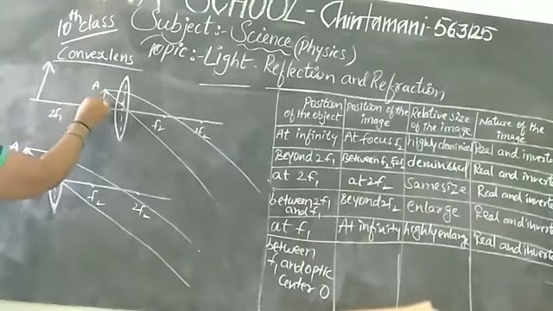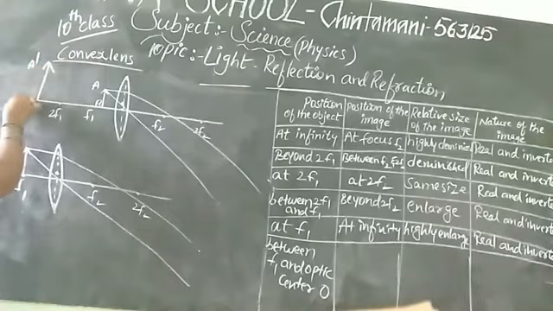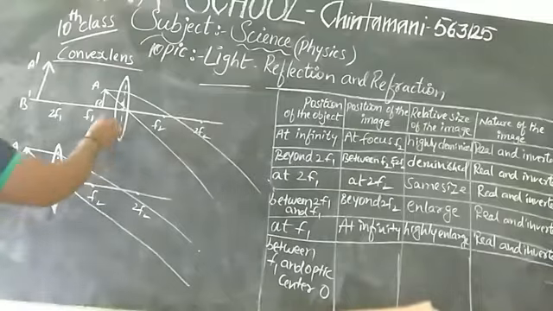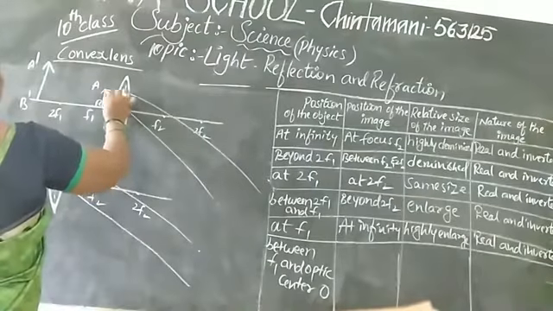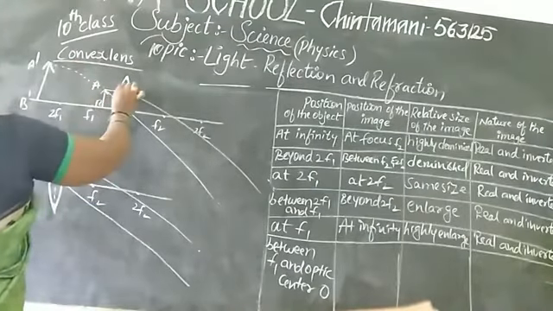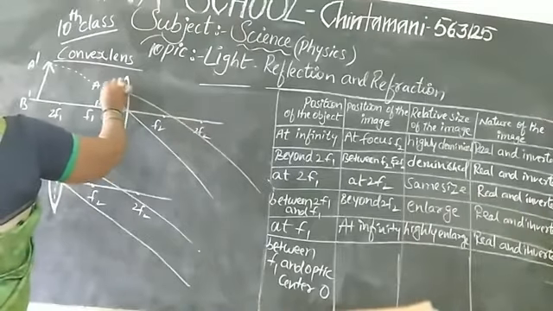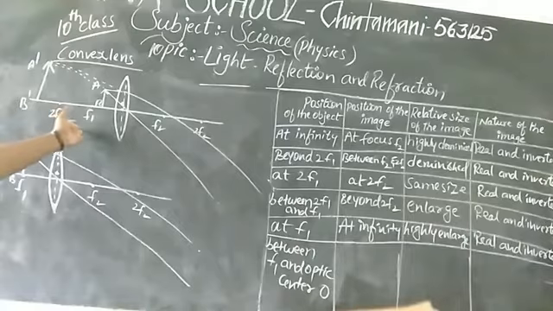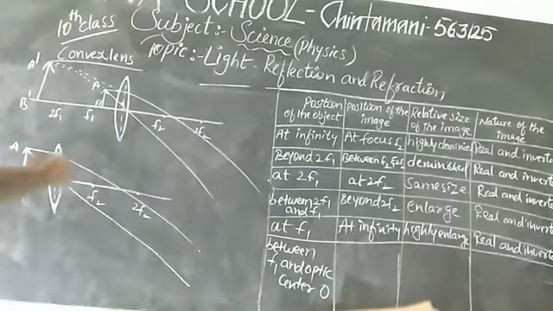So this is AB, this is A dash B dash. We can see the image at the back, and it is a very enlarged image. It has formed the enlarged image on the same side.